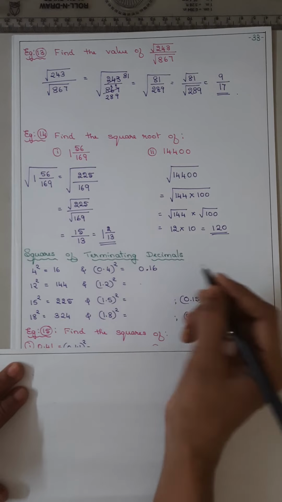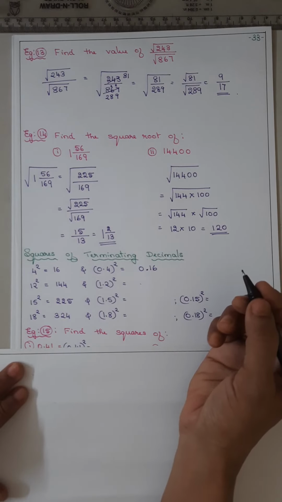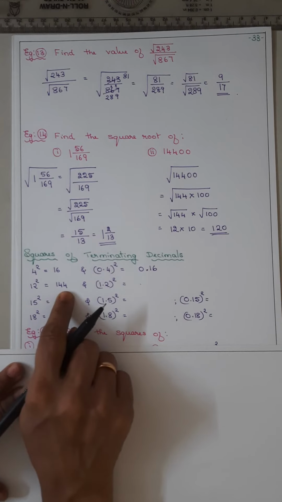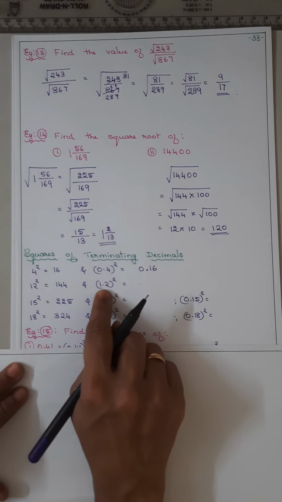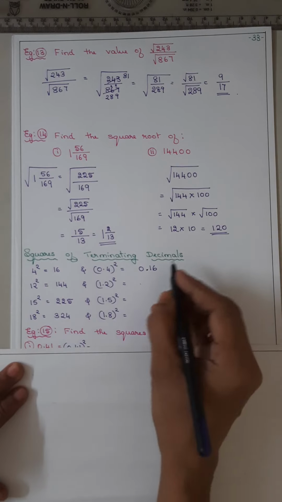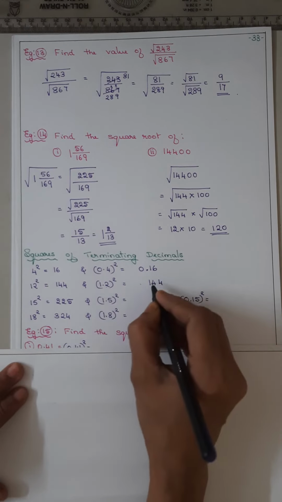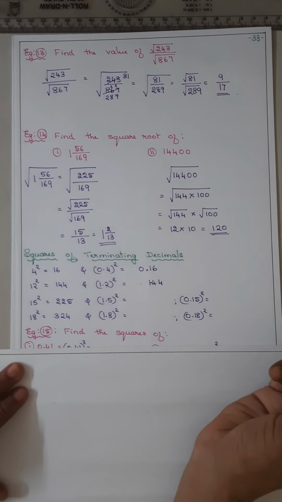So it will become 0.16. 12 square is 144. So 1.2 square will be 144. Here 1 decimal, so the answer will be 2 decimal. So the answer is 1.44.